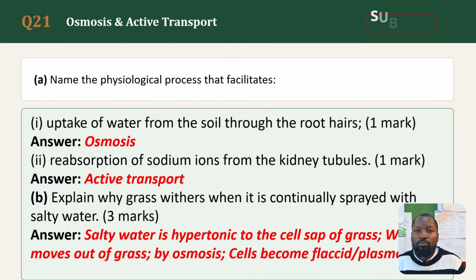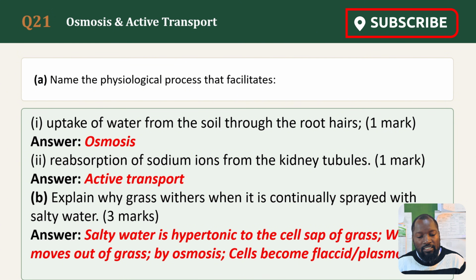Remember, water moves by osmosis from a region of low concentration to a region of higher concentration, because once you supply highly concentrated salty water outside, water will move from the cell sap of the grass to outside by osmosis, and therefore the cells of the grass become flaccid and plasmolyzed.